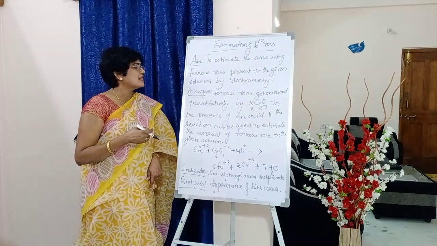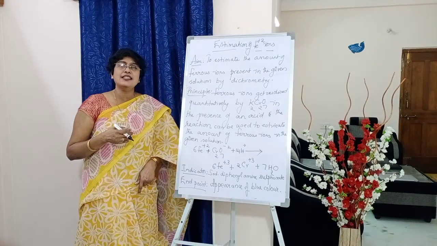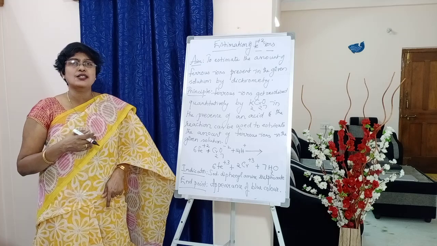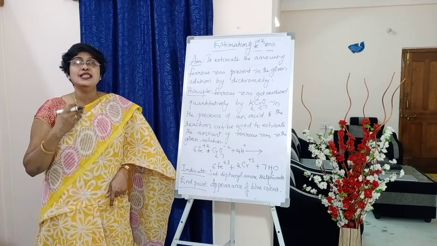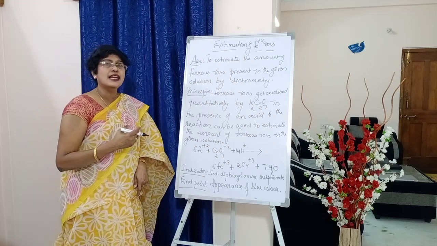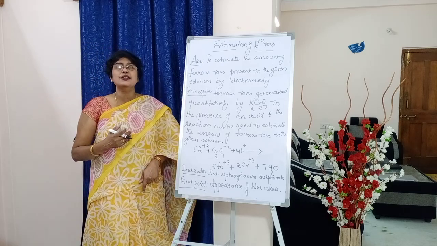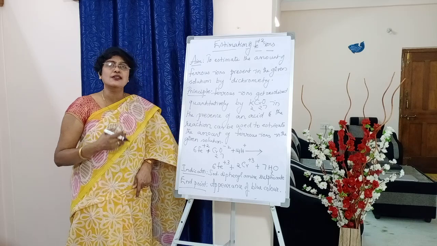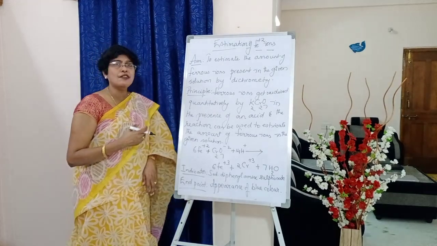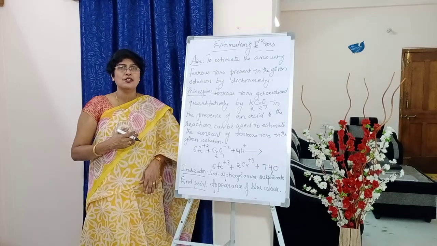Ferrous ions get oxidized by K2Cr2O7 in the presence of an acid, and this reaction can be used to estimate the amount of ferrous ions present in the given solution.